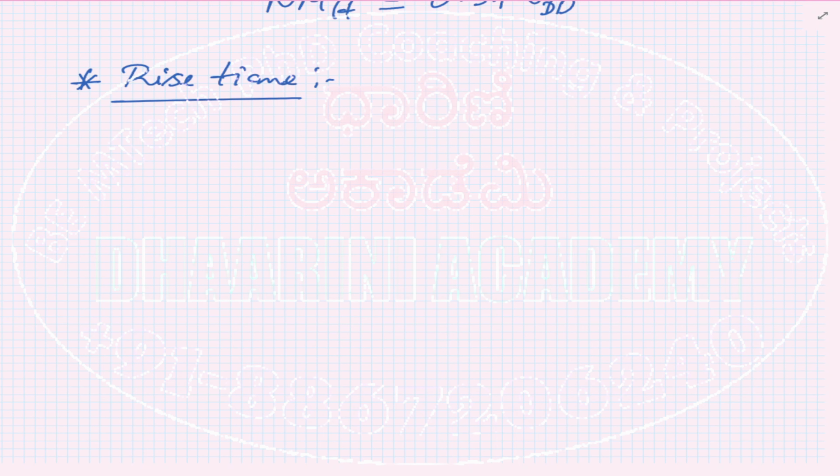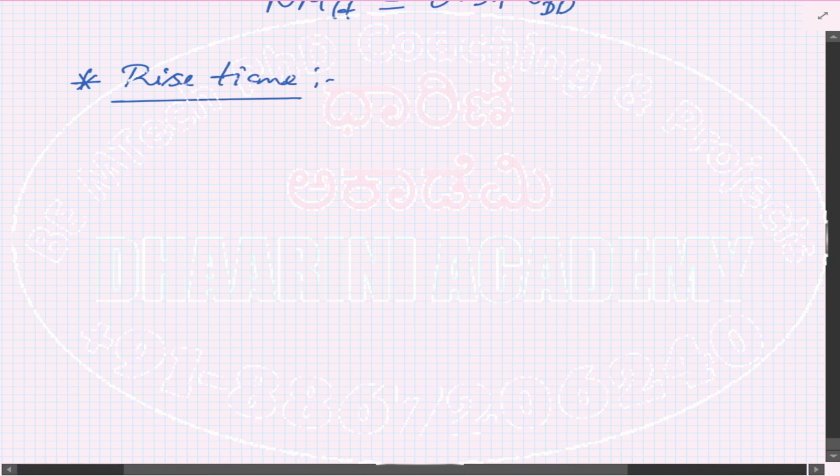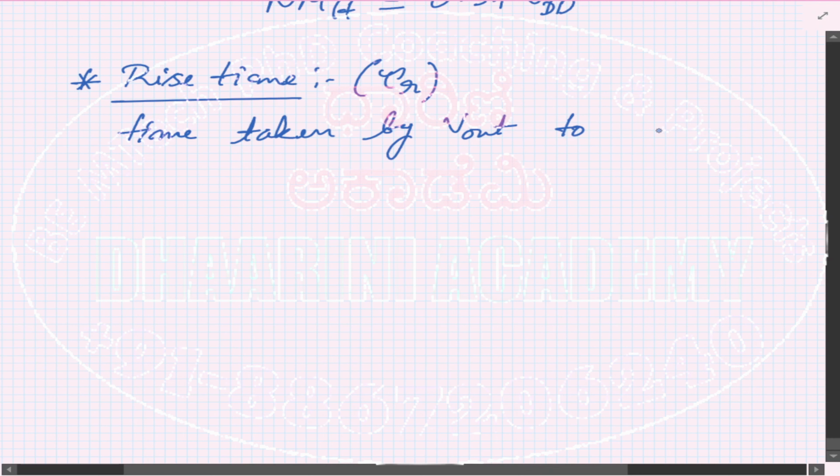First we need to understand what the rise time is. Rise time is denoted by tau r. The definition is like this: the time taken by the output voltage V out to reach VDD, from 0 to that, how much time is taken?